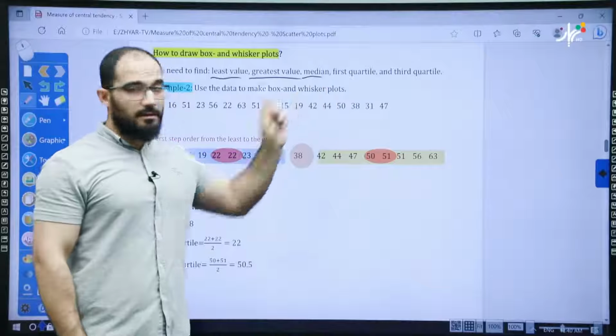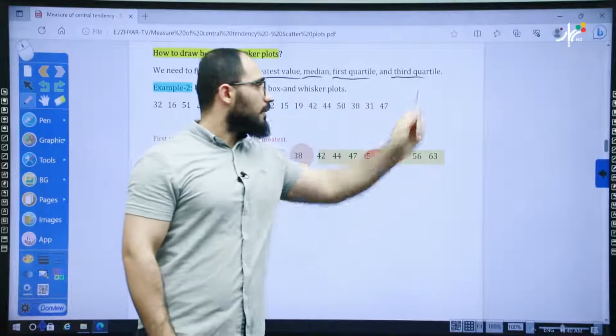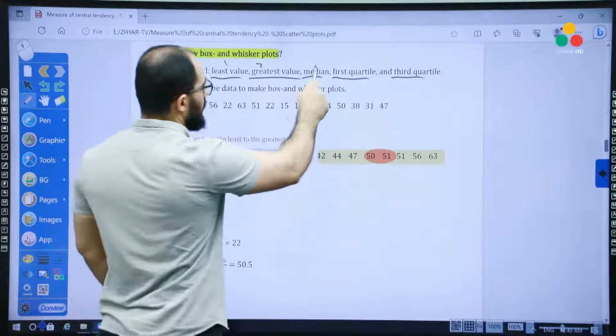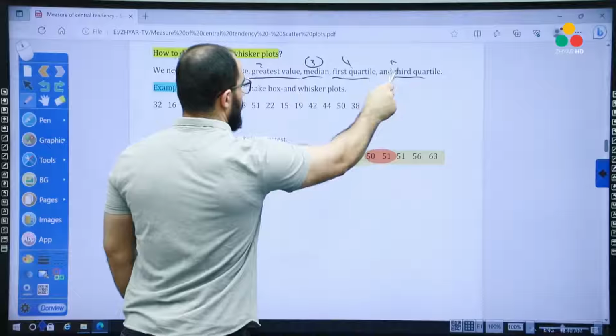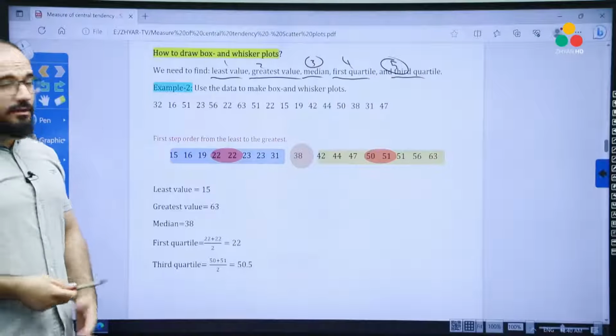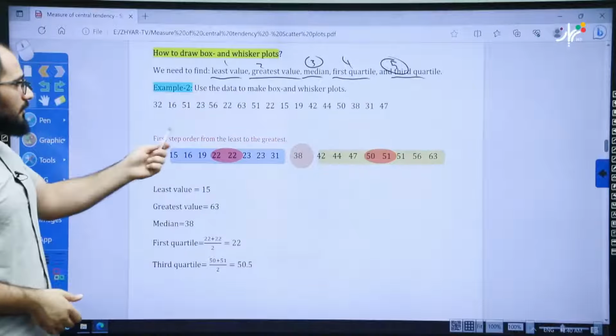Then we need the median, the first quartile, and finally the third quartile. It means 1, 2, 3, 4, 5. If you want to draw a box and whisker plot, we need 5 pieces of information. Then, how to find them?